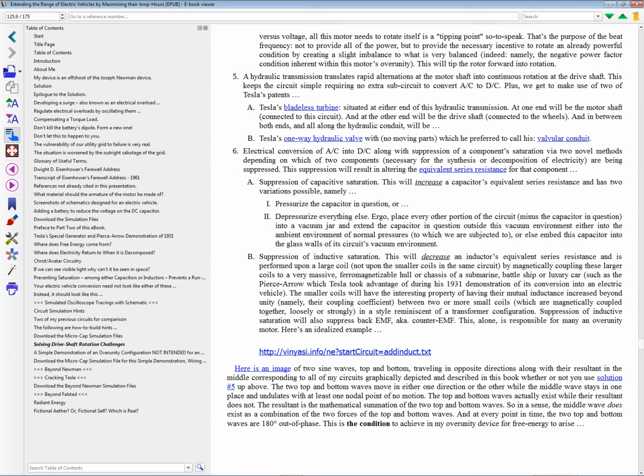Option 5 has to do with a hydraulic transmission, and 6 has to do with electrically converting AC to DC by using various techniques. One is capacitive saturation and the other is inductive saturation, and with capacitive there are 2 subtypes. In any case, it's all very complicated.